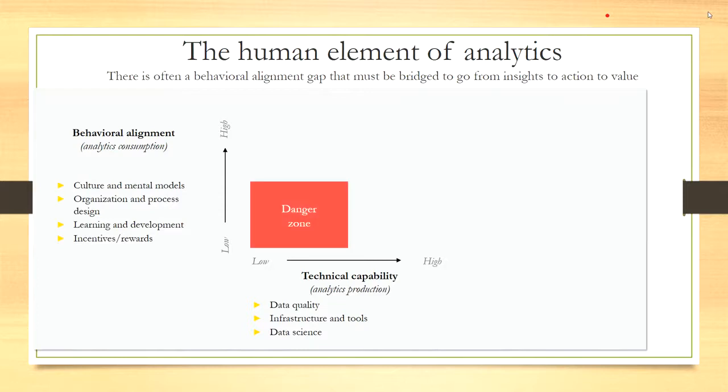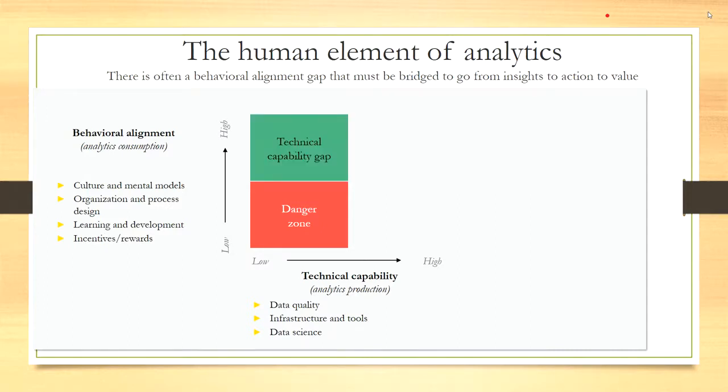And so if you imagine this 2x2 where you have the ability to produce analytics on the bottom axis and the ability to consume, understand and interpret analytics on the Y, then you don't want to be in the quadrant where you can't produce analytics and you can't consume it, right?